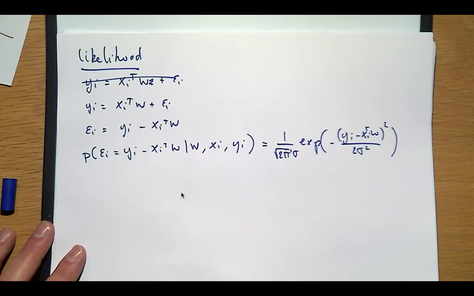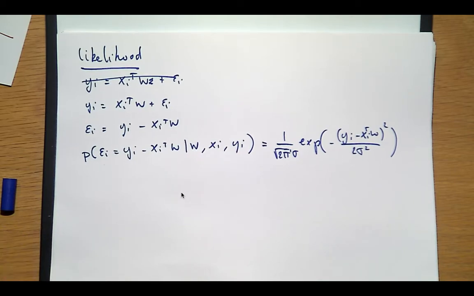So that's for one sample. And now we're going to assume that the error is independent on each of the observations. Okay, so we're going to assume that what we observe on a particular observation i is independent of what we observe on observation i plus 1 and so on. Okay?